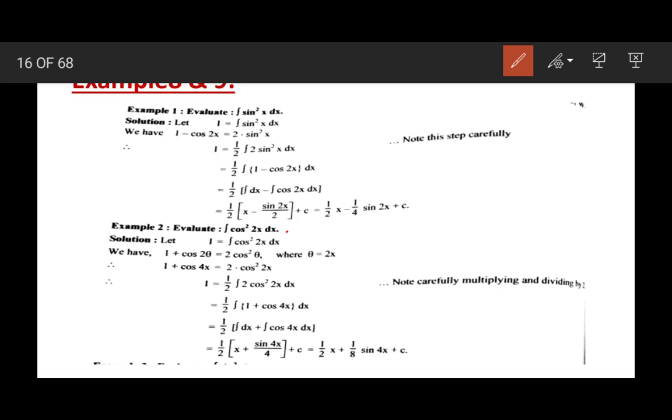Here what I am having is cos square 2x, but we know that 1 plus cos 2 theta is 2 cos square theta. So 1 plus cos 4x is equal to 2 cos square 2x. So in place of cos square 2x, I am writing 1 upon 2 into (1 plus cos 4x). So 1 upon 2 as it is, integral of 1 is x, then integral of cos 4x is sin 4x upon 4.